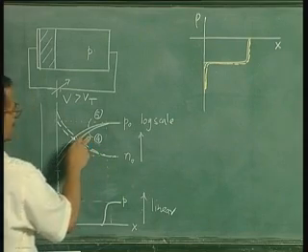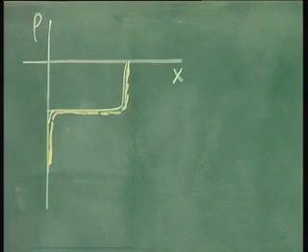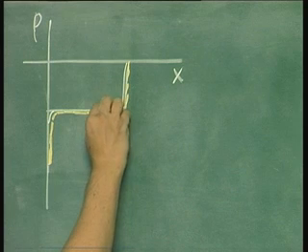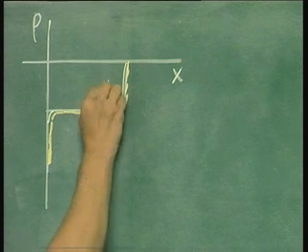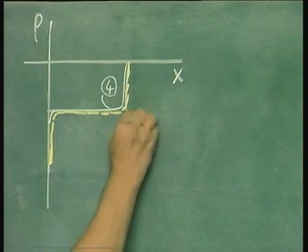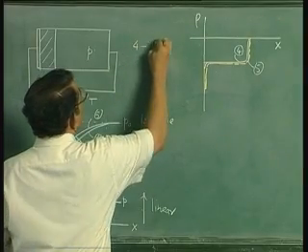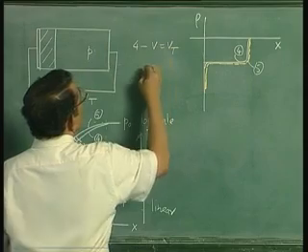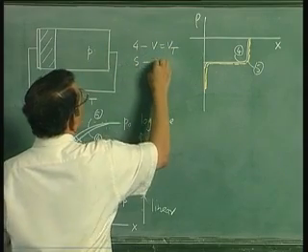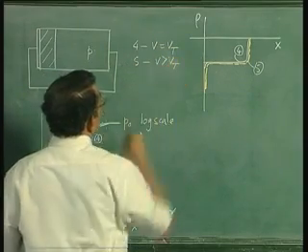Then you will understand why this is 4 and this is 5. So 4 corresponds to V equal to Vt, and 5 corresponds to V greater than Vt.